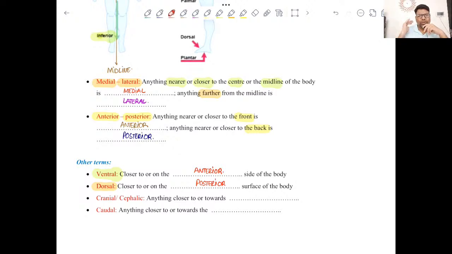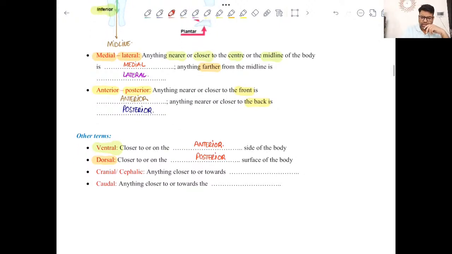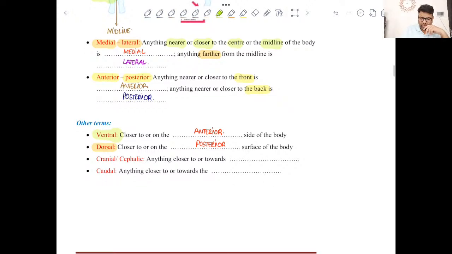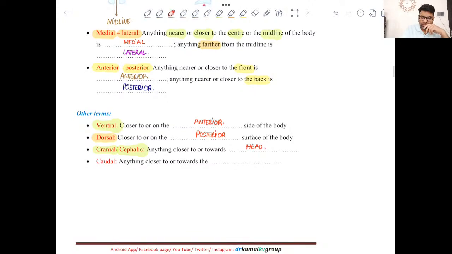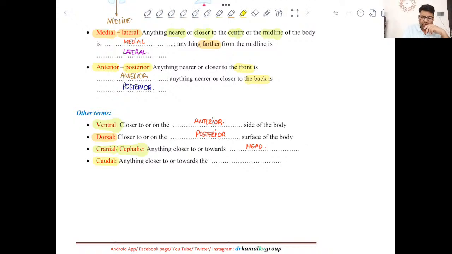So ventral, dorsal. Then in relation to head, if you use any word, it can be also called as cranial or cephalic. So anything closer to or towards the head, this is cranial or cephalic, and the vice versa is caudal, which is closer to or towards the tail, in simpler words, but in humans we can take it somewhere near the lower side of the body, right?